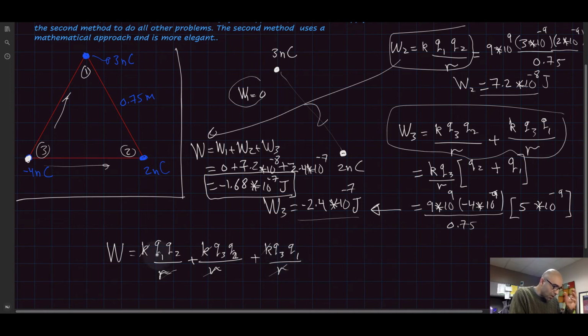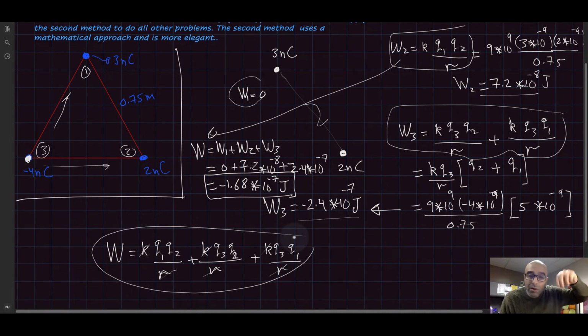These things are called permutations. So basically you want to include all the terms, the permutation of all the terms.